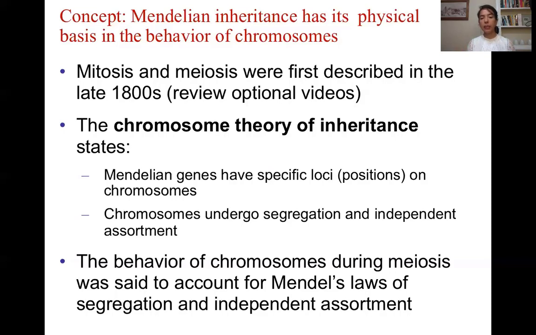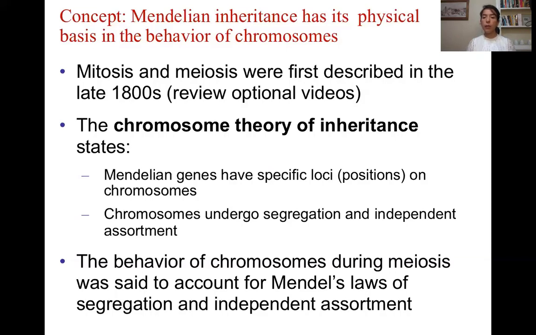Meiosis and mitosis are not covered in this class, and we assume that you know those concepts. So if you don't remember, or if you haven't been exposed to that, just watch these videos. But if you're ready, let's continue.